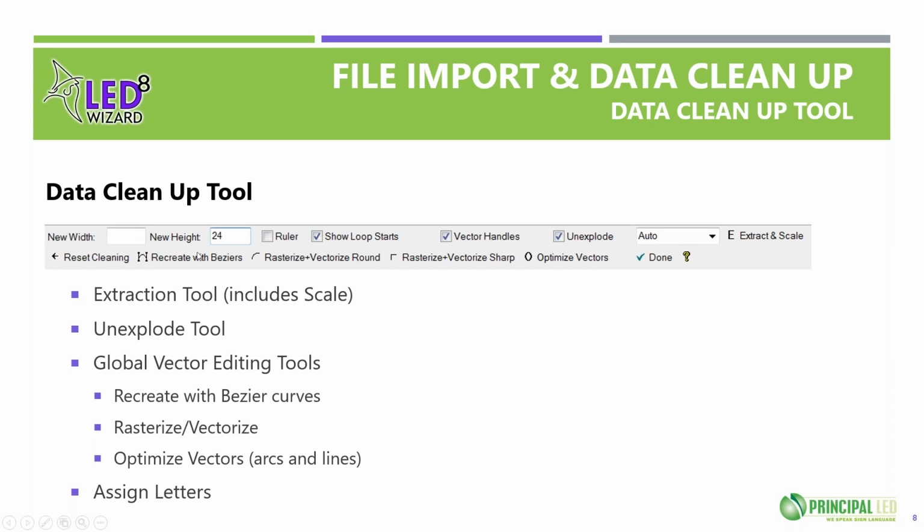You can test these out and then do reset cleaning, and see whether you improve the quality of that file, make it worse, or there's no difference. These 3 are separate tools available in the software, and we just put them in this interface. So you can clean up, you can smooth out, and then click on done.